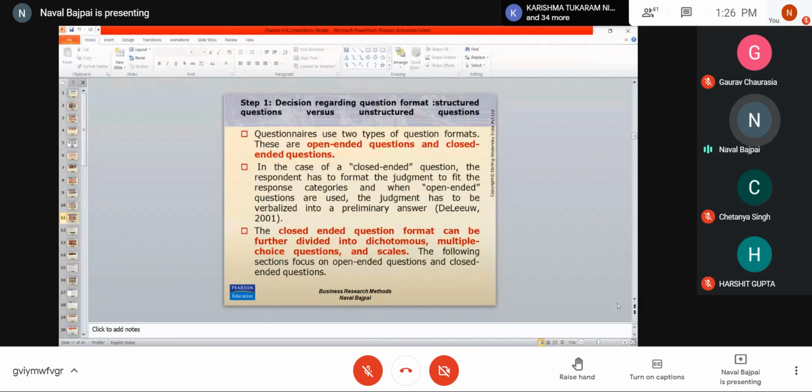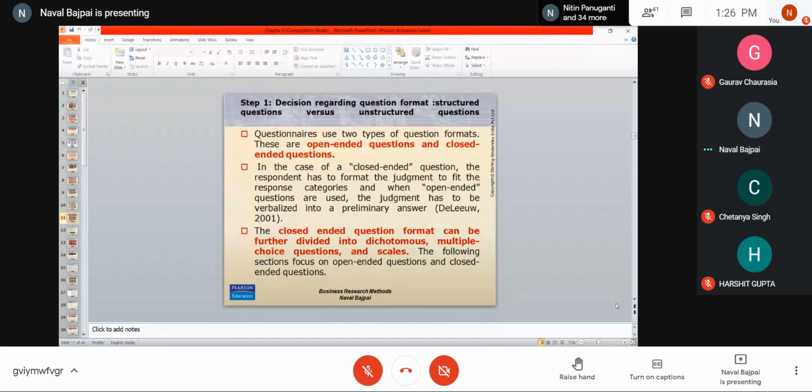Open-ended questions are used for opening up the dimension. For our research, we are going to use closed-ended questions.